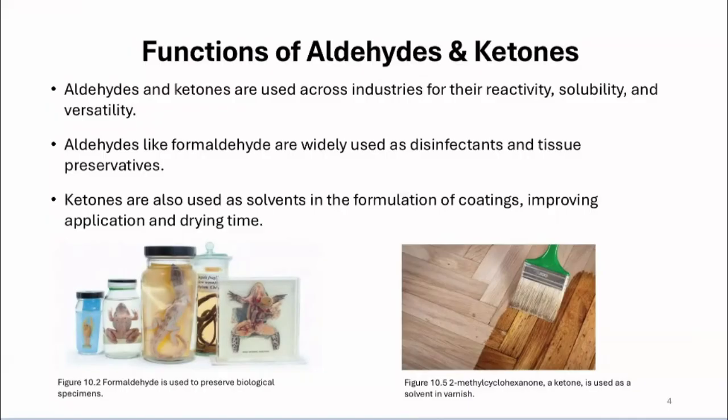Ketones are also used as solvents, and they are found in the formulation of coatings, improving application and drying time. You can actually find it in nail polish and nail polish remover. We can see in figure 10.5 a ketone called 2-methyl cyclohexanone that is used as a solvent in varnish.